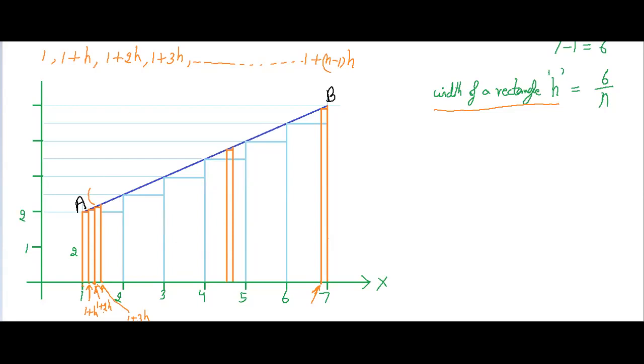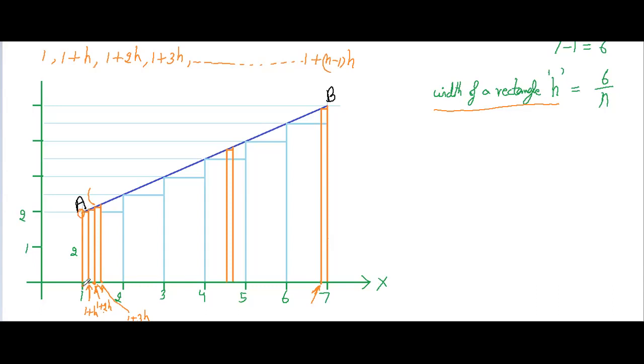Coordinates of point A. See, from the graph, we have 1, 2. This is the point A, the starting point of the straight line segment.